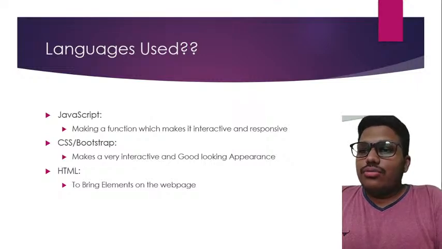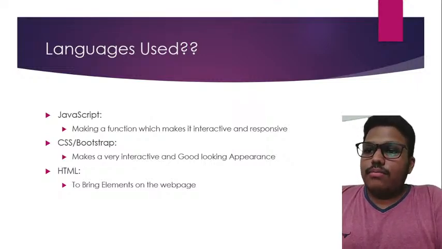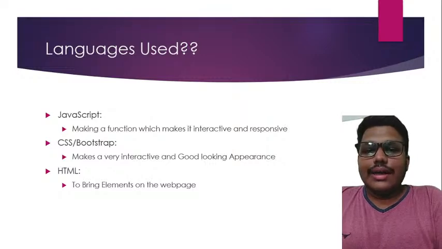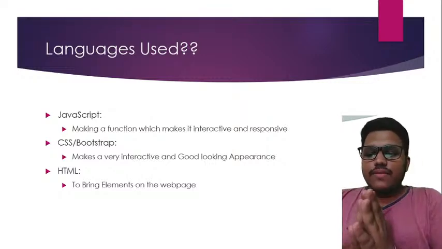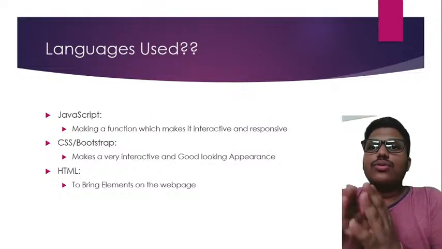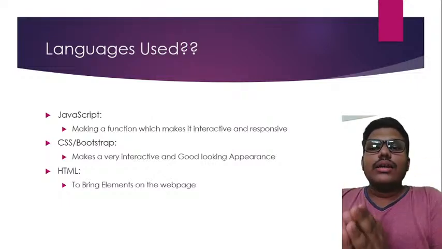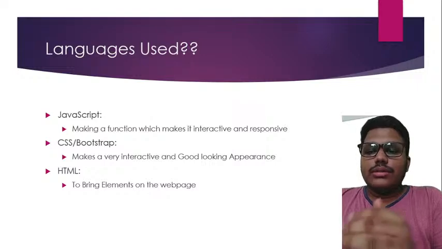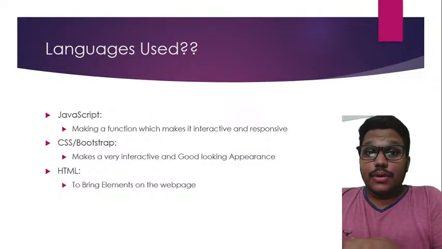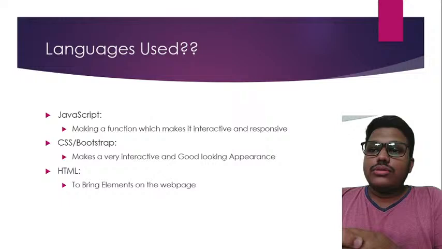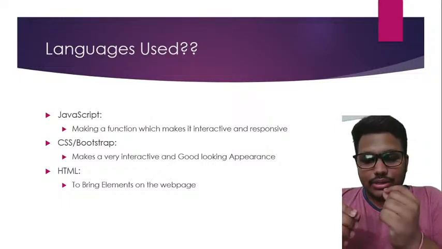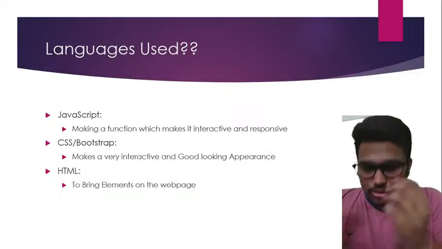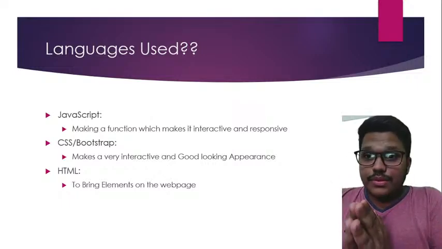So why do we use these three different languages? The reason is that HTML brings the elements on the web page. For example, if you want to add any image, any video, or any text, then we use HTML, which helps us bring the elements on our web pages. But for example, if I give a button using HTML, but I want that button to appear in pink color, or I want that button to appear in blue color, right?